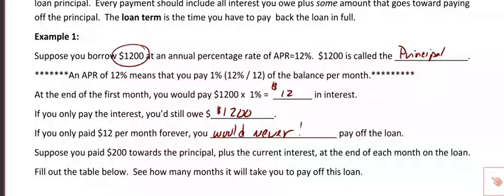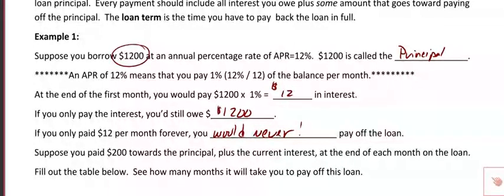If I only paid the interest that first month, I would still owe the $1,200, the principal amount, because I never paid anything towards decreasing my principal. So for the life of this loan, if I only paid $12 a month forever, I would never pay off this loan. But let's suppose a different scenario.